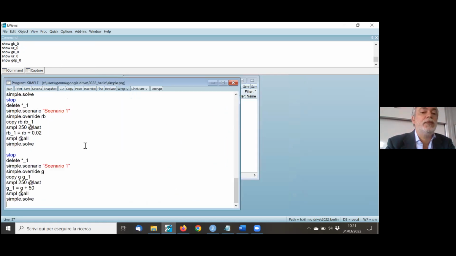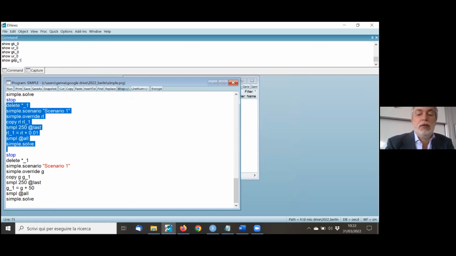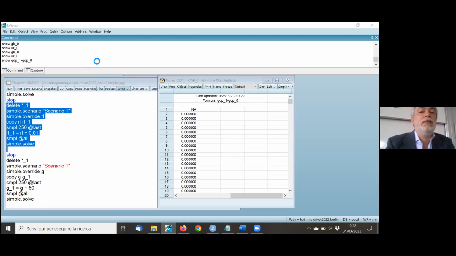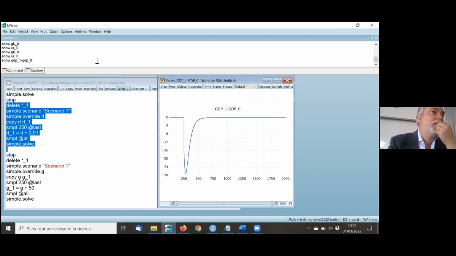So if we shock the interest rate on loans by 1%, we will have the negative impact. So now we have a more traditional effect.